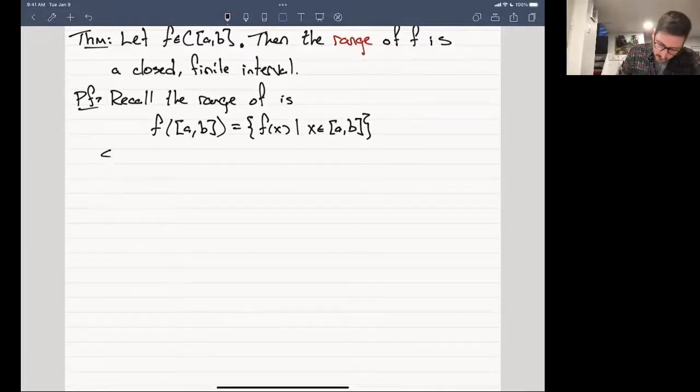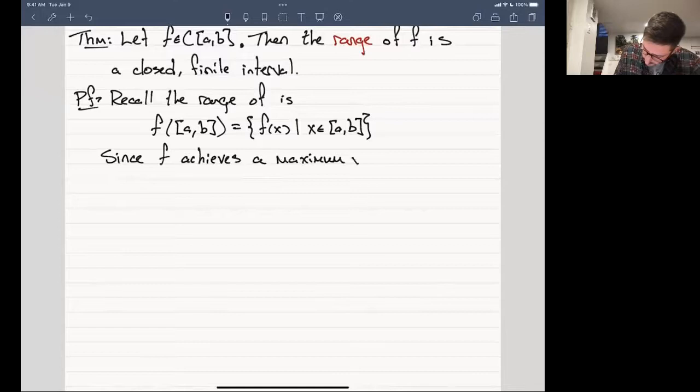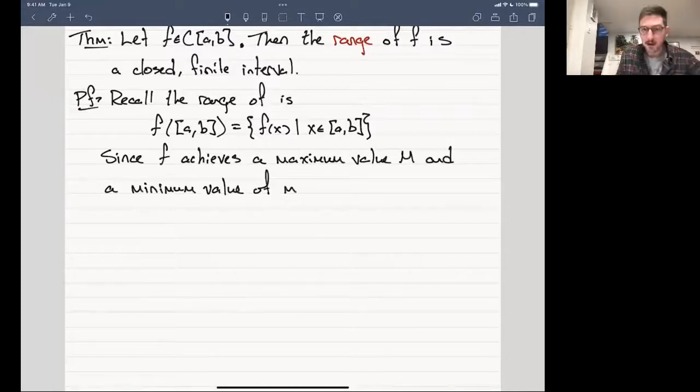So since f achieves a maximum value of capital M and a minimum value of little m, the intermediate value theorem, so the previous piece, the existence of a maximum and a minimum, comes from the extreme value theorem.